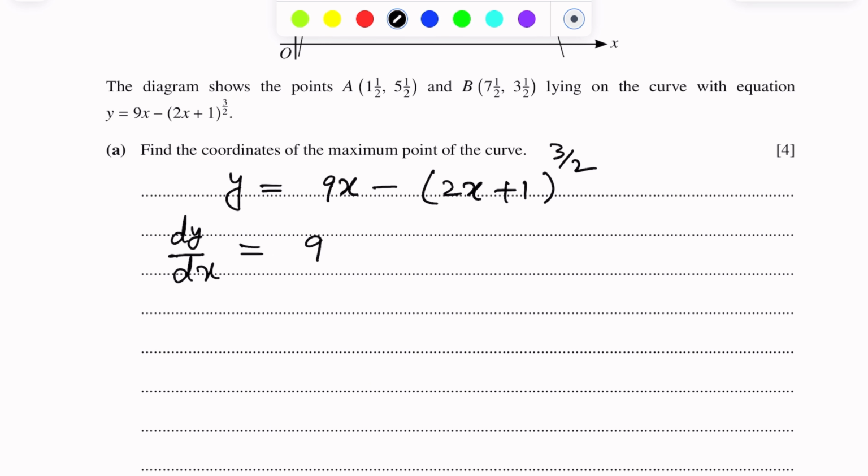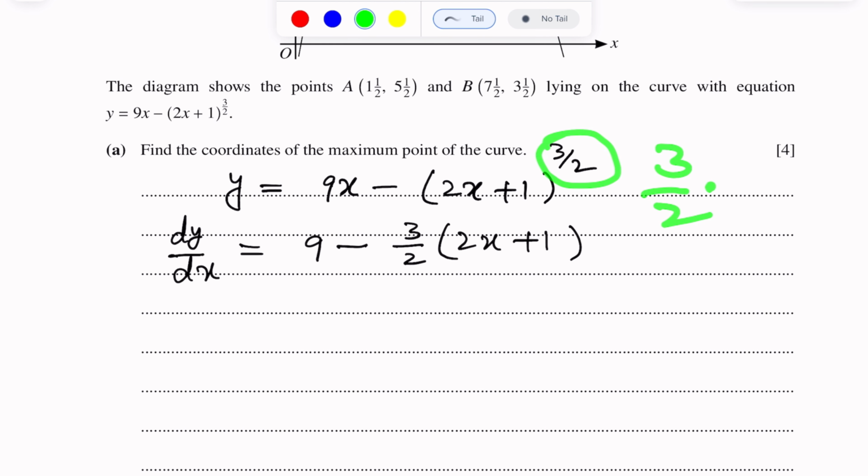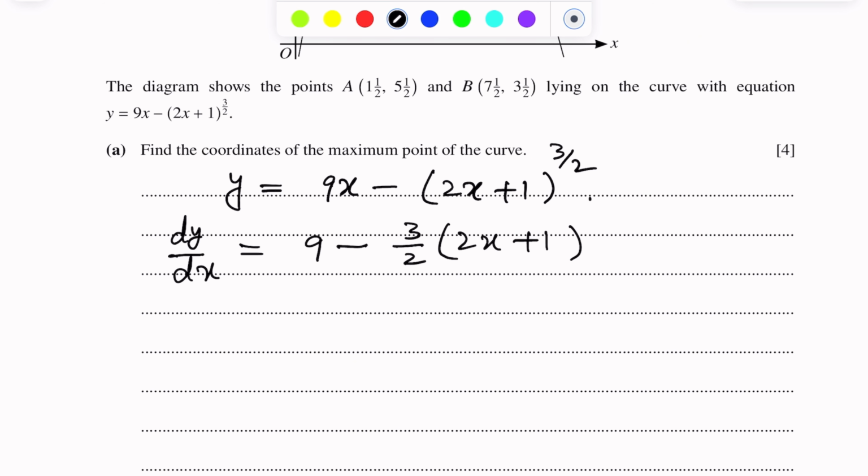Differentiation of 9x is 9 minus 3 over 2, the power comes down, before (2x plus 1) power 3 over 2 minus 1, that is 1 over 2, times the derivative of the inside of the bracket, that is 2. The derivative of 2x plus 1 is 2. Cancellation.